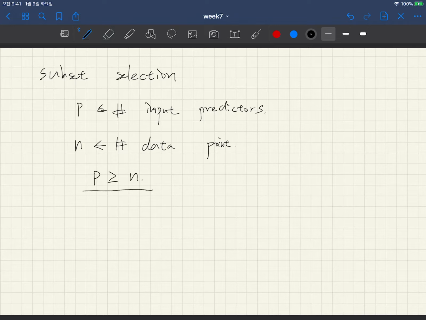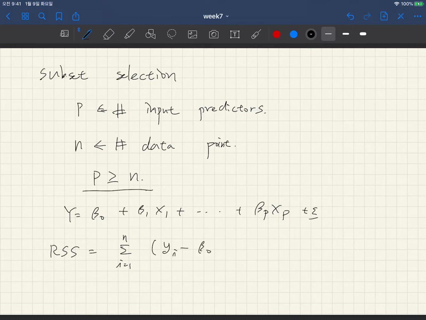In this case, if you use the full input predictors, then the linear regression task uses this model: y is equal to beta 0 plus beta 1 x1 plus up to beta p xp plus epsilon, of course. And the RSS value will be defined like this: the sum of (yi minus beta 0 minus beta 1 xi1 minus ... minus beta p xip) squared.